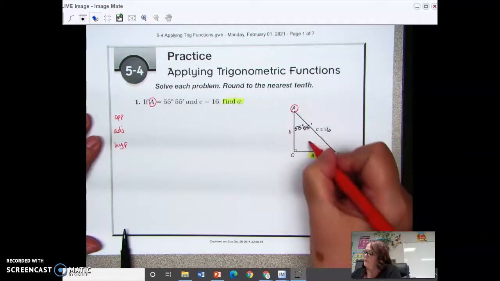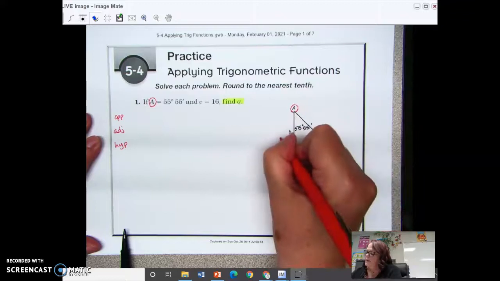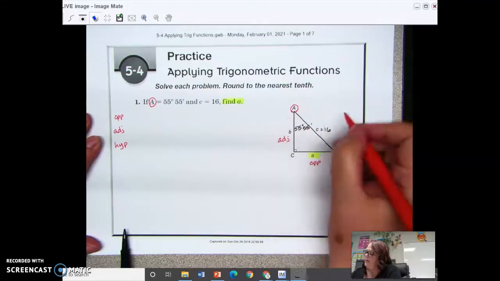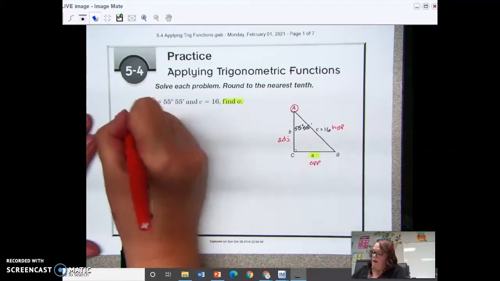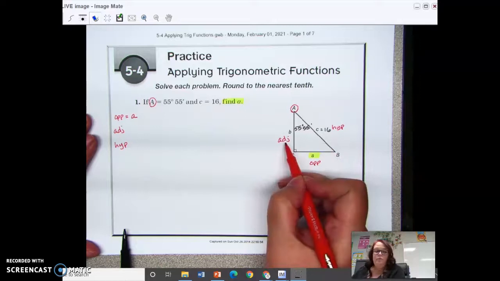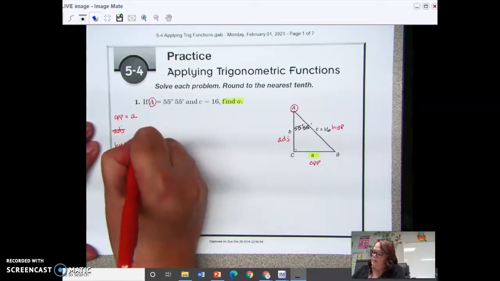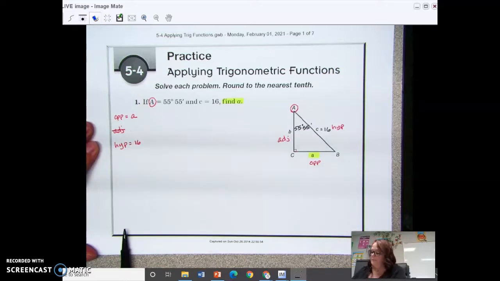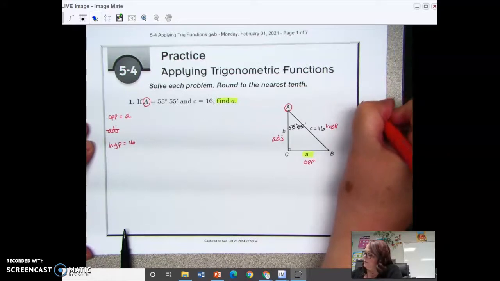And so opposite is here, adjacent connects A to the right angle, and then the hypotenuse is opposite the right angle. So that means my opposite has a length of a. My adjacent, I don't know the measure of that, so I'm just going to cross that out, and then my hypotenuse is 16. Okay, so then we look at SOHCAHTOA.